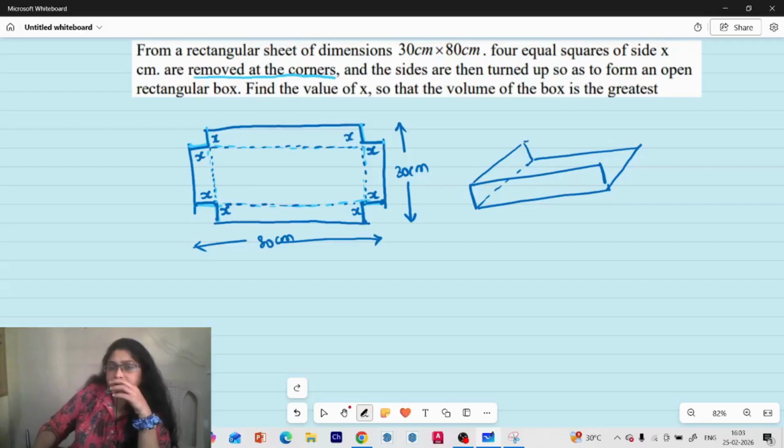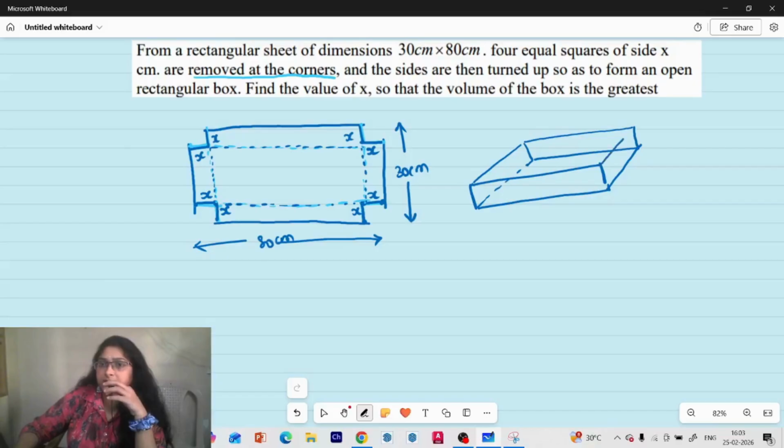I'm just drawing a small sketch of how the box might look, something like this. And this is the height x, because you have joined both the flaps. So the height of this box is x.